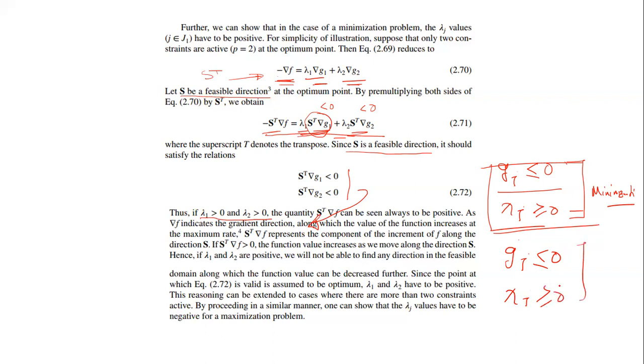So it is not universal what the sign of lambda should be for minimization or maximization. It is actually linked with the form of the constraints, the inequality conditions, whether it is less than or greater than. If the constraint is less than 0, then our lambda value has to be greater than 0. And if the inequality condition is greater than 0, okay, sorry, it has to be greater.